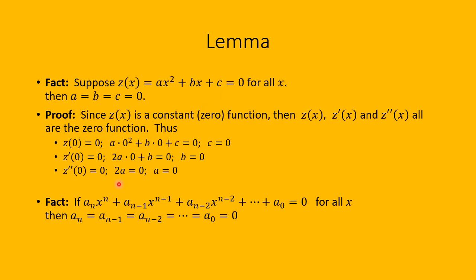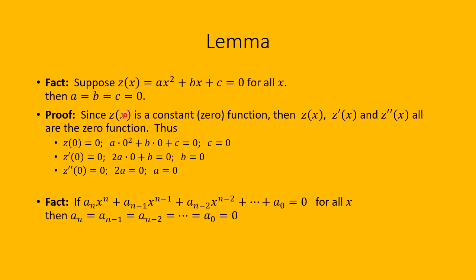It's easy to extend this result to third degree, fourth degree, and so on polynomial functions. And so we'll just state this fact. If you have an nth degree polynomial equaling 0 for all x, then all of the coefficients up here, a sub n, a sub n minus 1, a sub n minus 2, all the way through a sub naught, all of those have to equal 0. We're going to use these two lemmas.